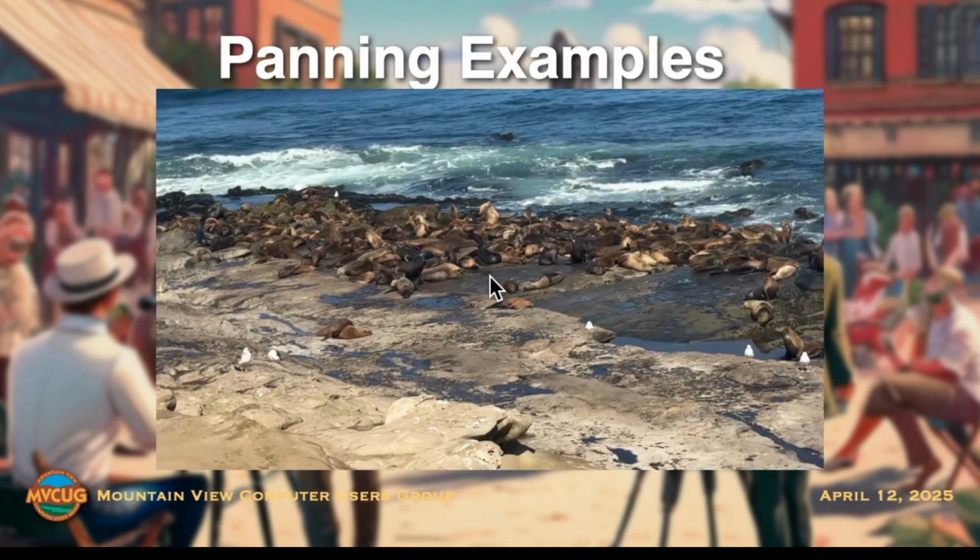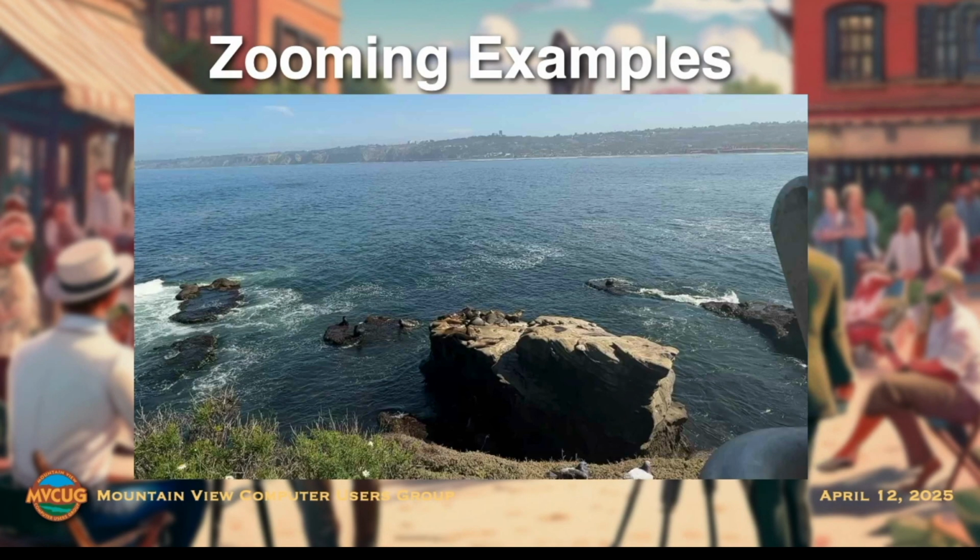So you do a zoom and then a pan, or a pan then a zoom, but don't do a zoom and pan at the same time. You can do that if you have the proper equipment. It is very difficult to do on the phone well. But in post-production, it's easy to do. So, here's a zoom in example.